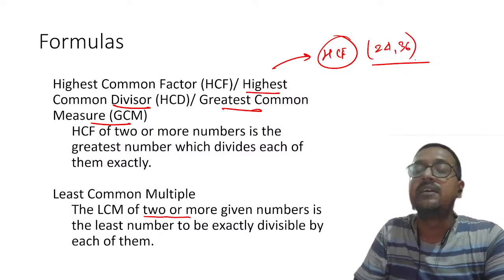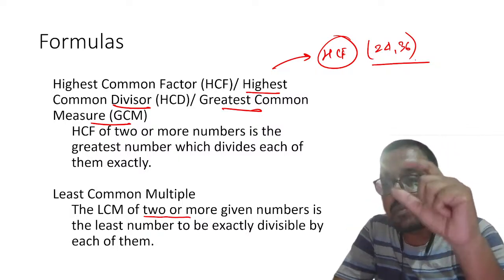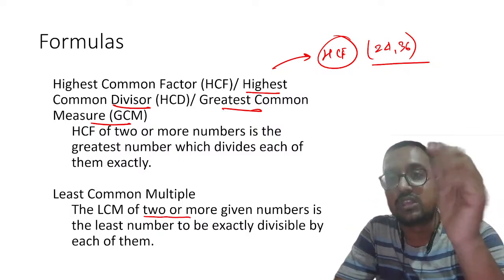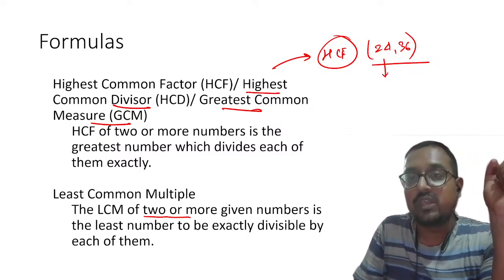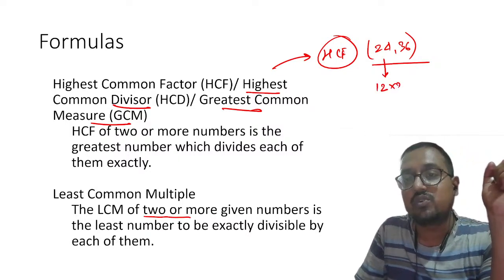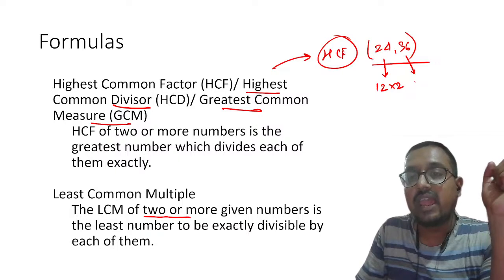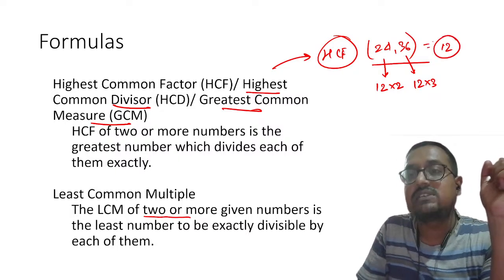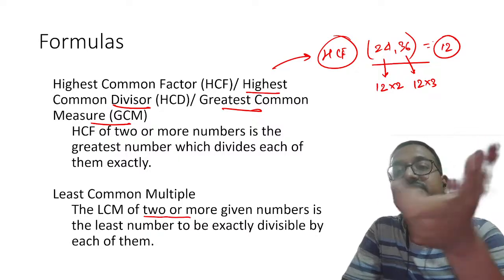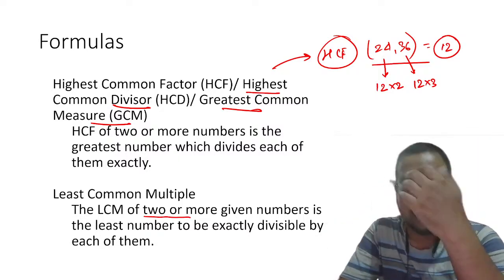You have to find the biggest number which can divide both 24 and 36. You might know that it will be 12, because 12 2s are 24 and 12 3s are 36. So 12 is the greatest number which can divide both 24 and 36.